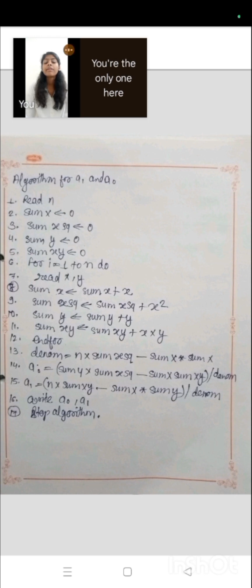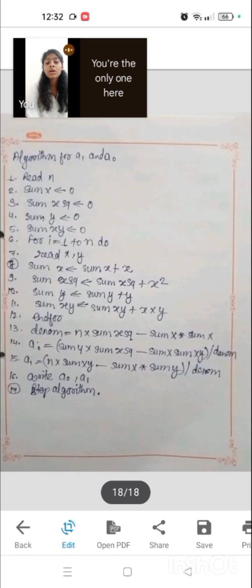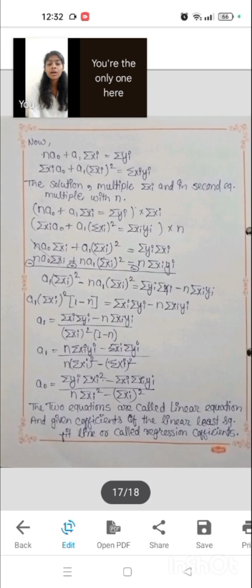Okay, and we write a1 from the formula. So the a1 formula is n summation of xi and yi minus summation of xi and summation of yi. So here we put n into sum of x into y minus sum x into sum y, because summation of xi and summation of yi.